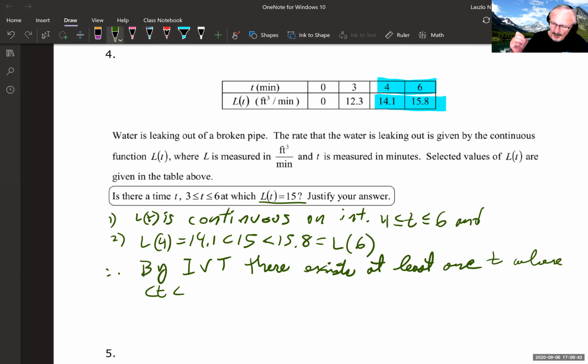A lot of people indicate where t is, at least one t that is, but they forget to fix t inside a certain interval. Here it has to be between 4 and 6, and that can only be 4 and 6 because it needs to be the narrowest interval. So you can't be using anywhere between 0 and 6. That would be wrong. You only get credit for using 4 and 6.